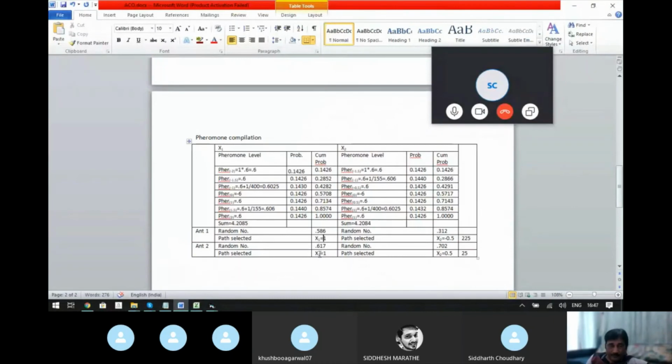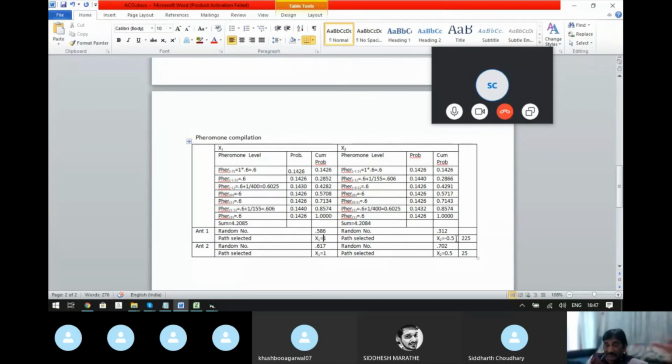So ant1 has taken the path x1 equal to 1 and x2 equal to -0.5. So pheromone equal to 1 by 225 will be getting deposited on the arcs x1 equal to 1 and x2 equal to -0.5.